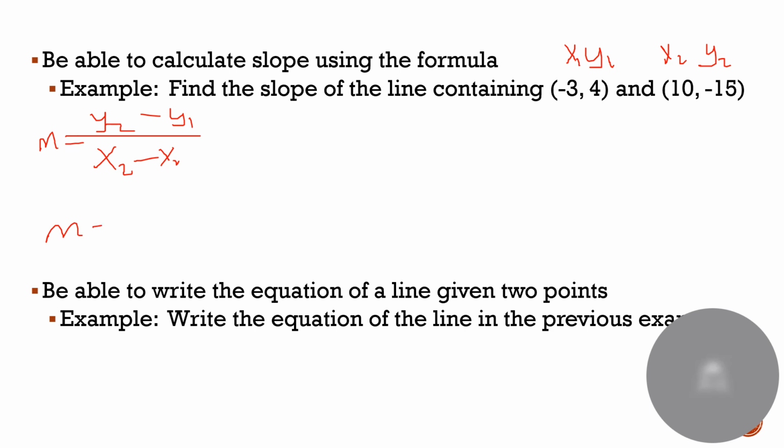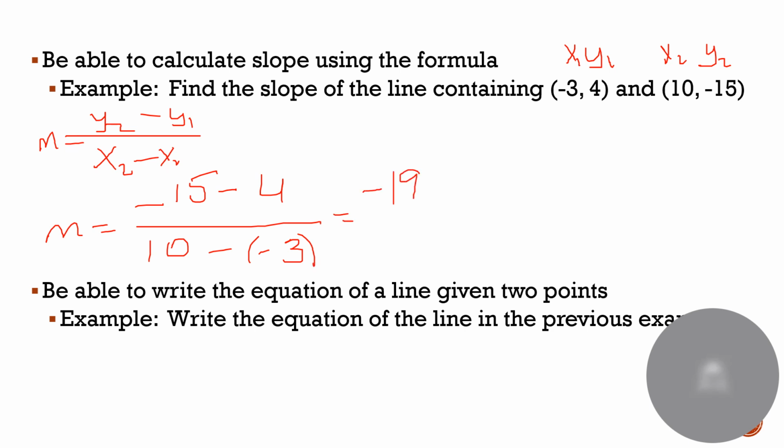So y2 is negative 15 minus y1, which is 4, over x2, which is 10, minus x1, which is negative 3. This will be negative 19, and this is 10 plus 3, which is 13.